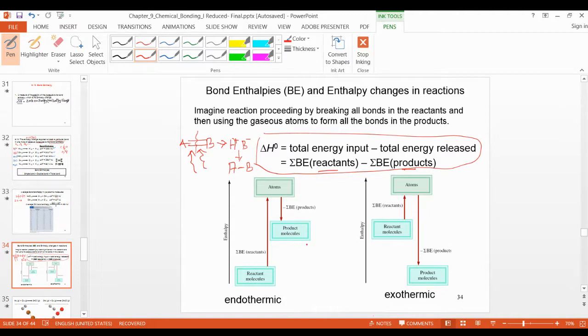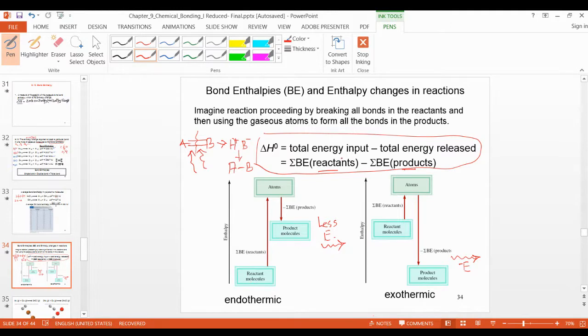And when this product is formed, it has very low energy because it releases more energy. It has less energy as compared to this. This one also releases energy, but less. You will get this product being less stable than this, right? This is exothermic, this is endothermic. In exothermic, the reactant is unstable, but in endothermic the reactant is more stable.